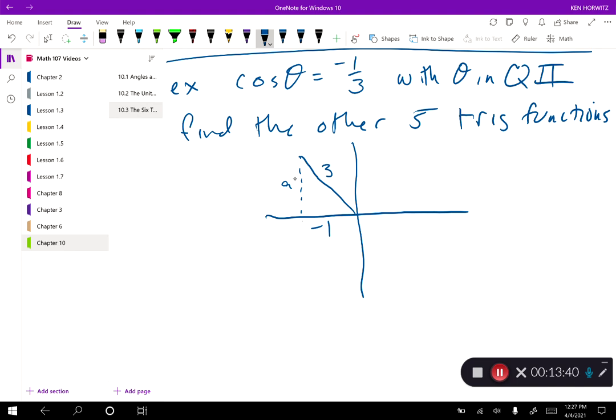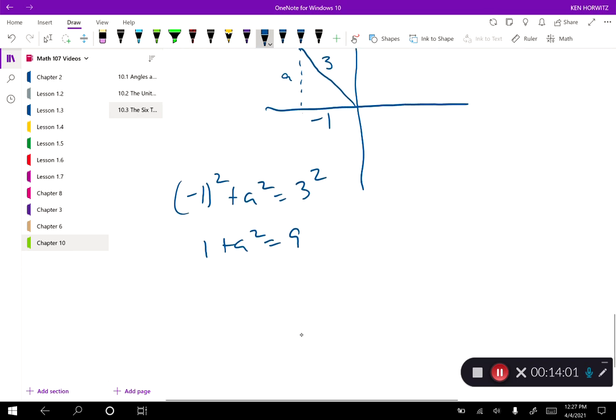All right. So now the first question is, we need our third side A. Well, I'm going to use my Pythagorean theorem. So I have negative 1 squared plus A squared equals 3 squared. So negative 1 squared is 1 plus A squared equals 9. Subtract 1.